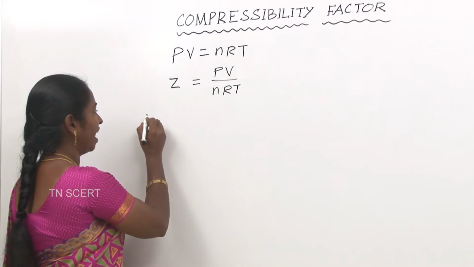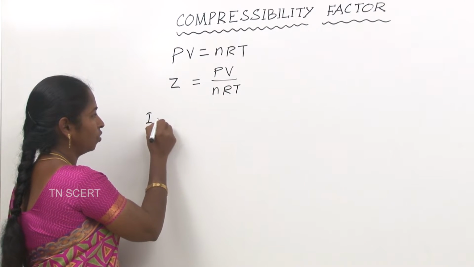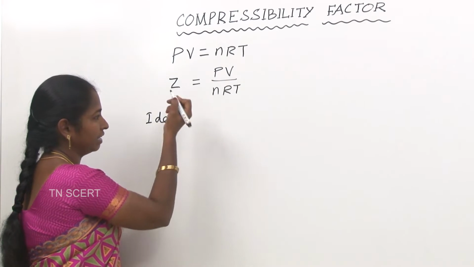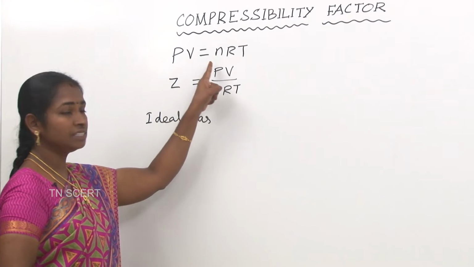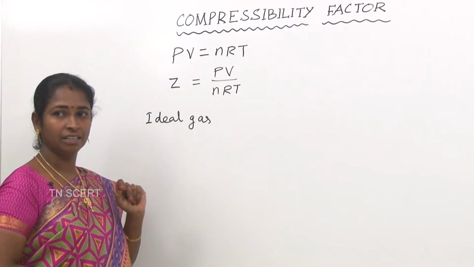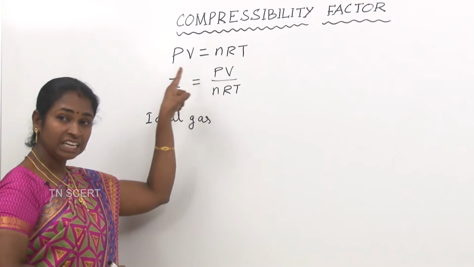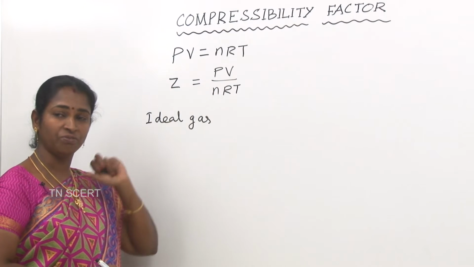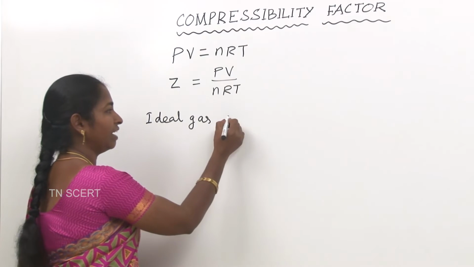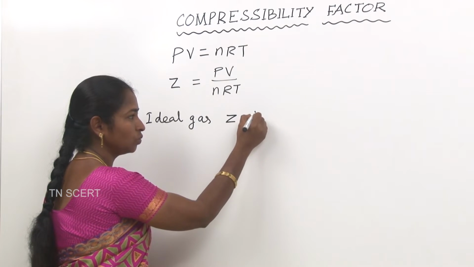Now, for an ideal gas, you know PV is equal to nRT. If you divide PV by nRT of an ideal gas, you will get the value of Z is equal to 1.